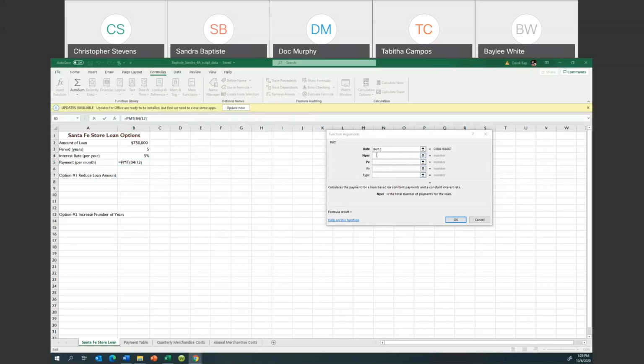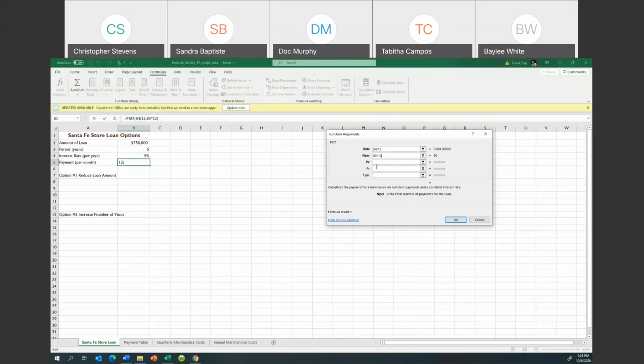So in order to find that, we can just take B3, which is that period, and multiply by 12. Okay. And if you look to the left there, there's an equals that even tells you 60. So that means we should have 60 payments throughout the entirety of this loan.